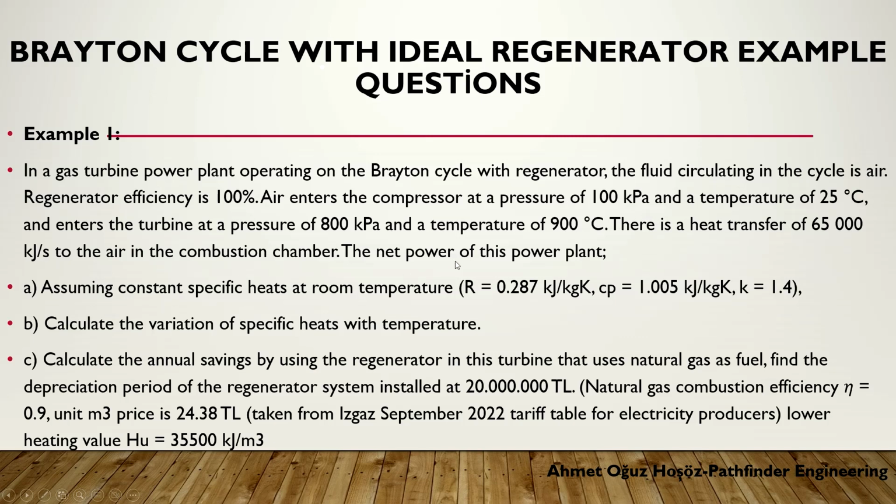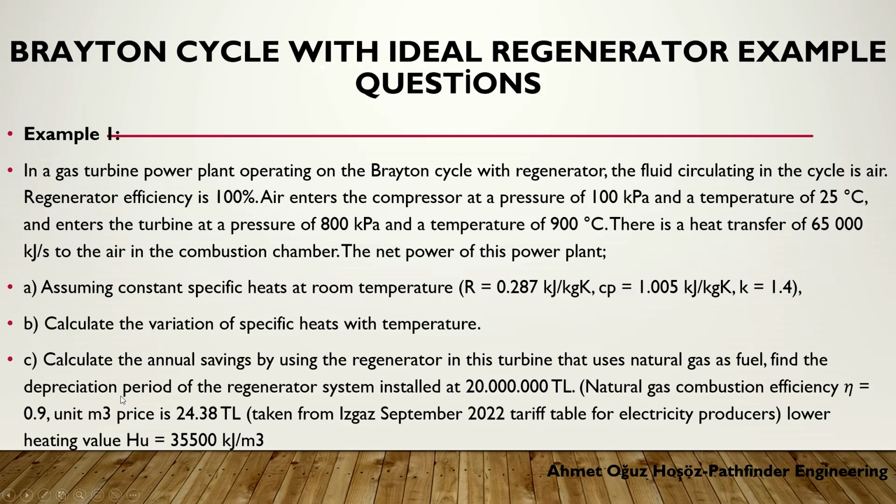assuming constant specific heats at room temperature, and then calculate it with the variation of specific heats with temperature. Also calculate the annual savings by using the regenerator in this turbine that uses natural gas as fuel, and find the depreciation period of the regenerator system installed for 20 million Turkish liras. For natural gas, the combustion efficiency is 0.9.